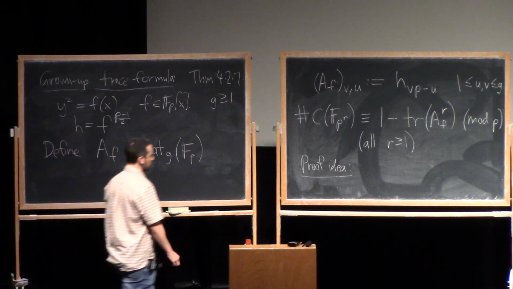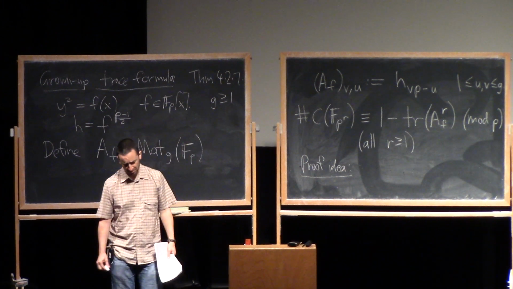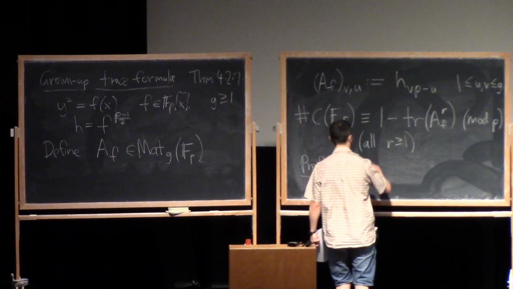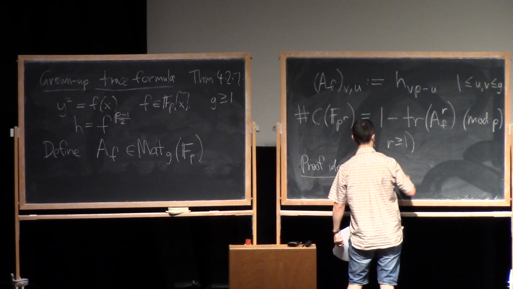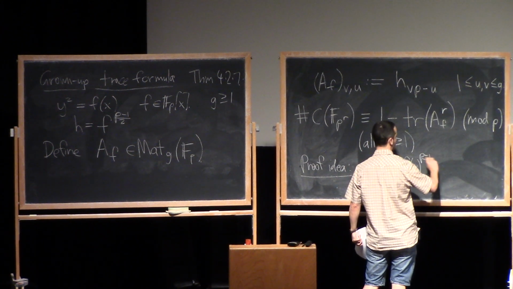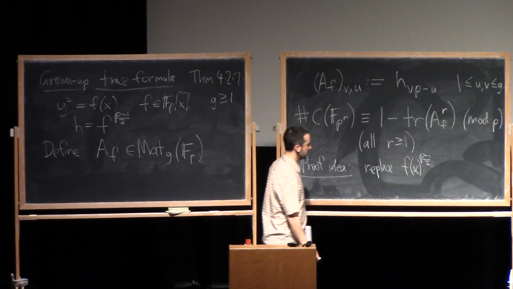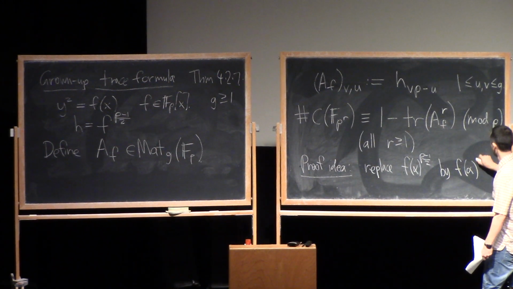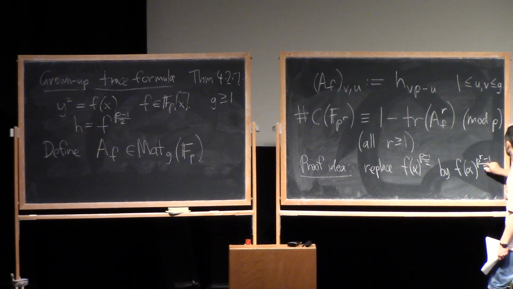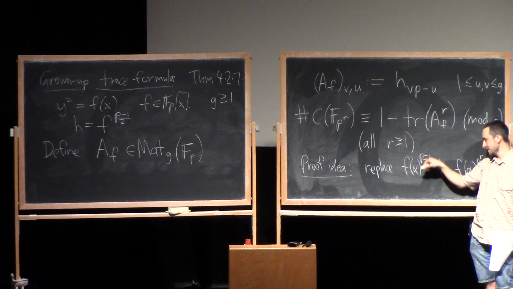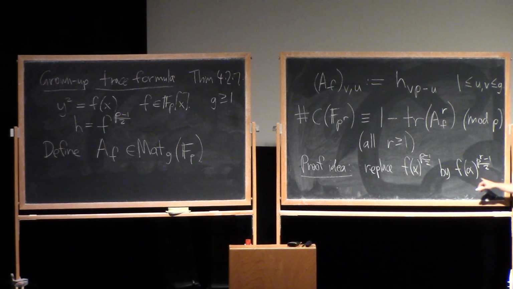But the idea of the proof, I think this came up in the questions at the end of the last lecture, is that we looked at f of alpha to the p minus 1 over 2. So you have to replace this by f of alpha to the p to the r minus 1 over 2. Right? This expression is detecting if things are squares in Fp. This is detecting if things are squares in Fp to the r.